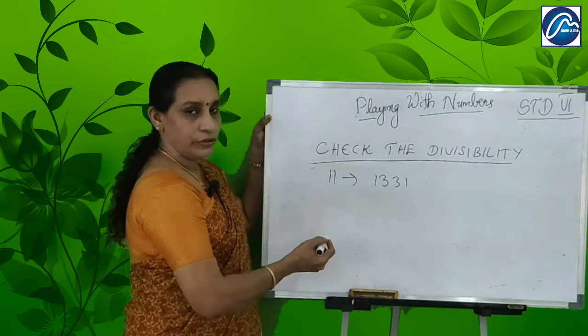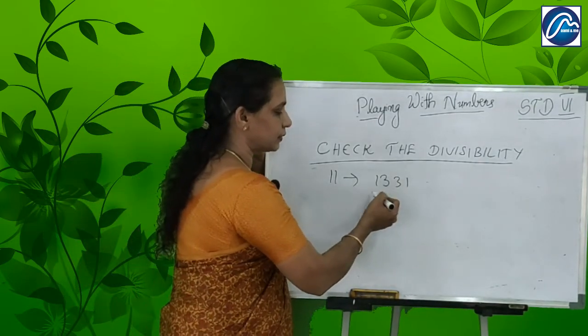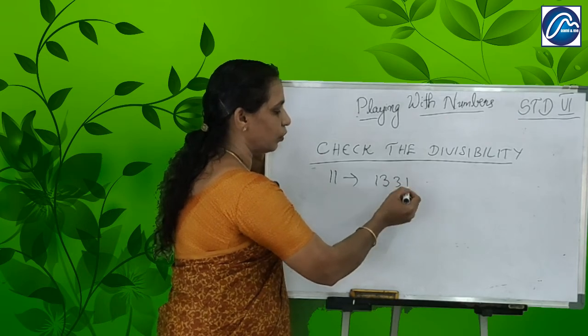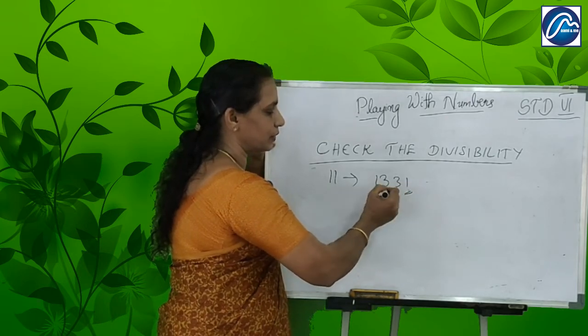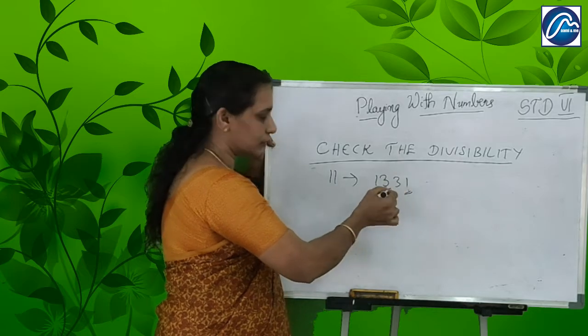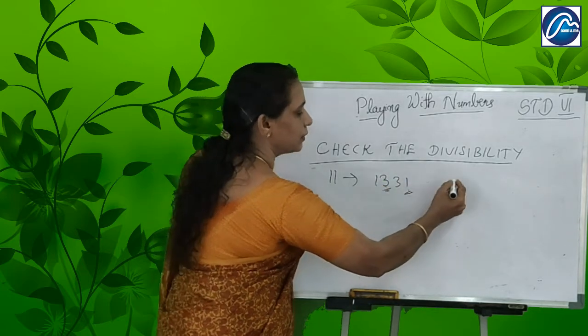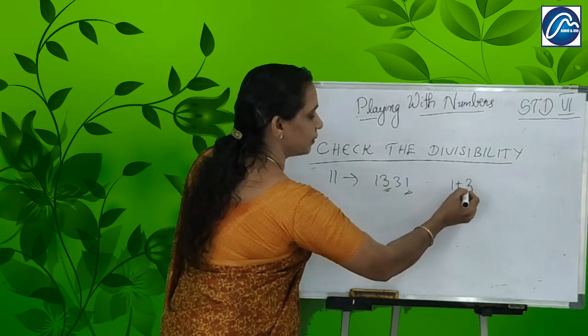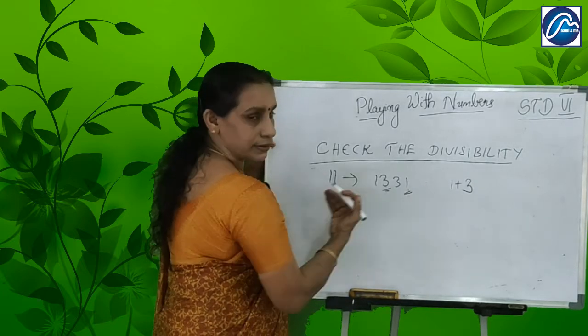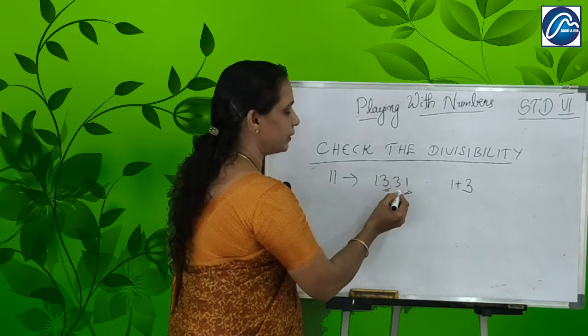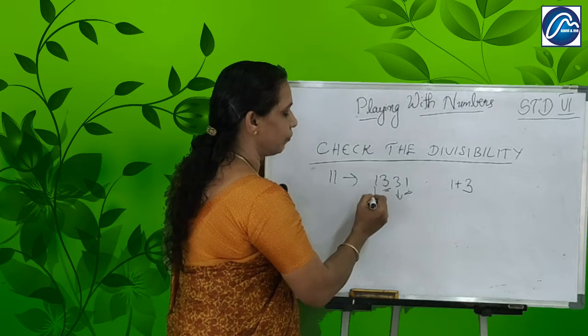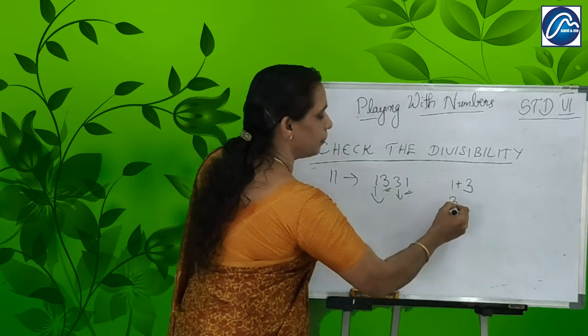1331. You have to check the sum of the digits at odd places. Okay, first, second, third, first and third. Sum of the digits 1 plus 3, from the right. And what is the sum of the digits of even places? 3 plus 1.